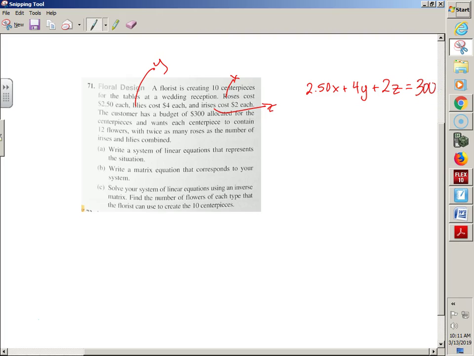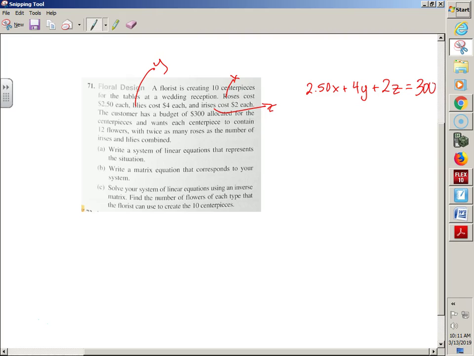That's the maximum amount, which is actually quite low for, oh yeah. Although maybe this is just for the reception. Huh. Well, these totals are only for the reception, but if 300 for, wow, that'd be really low. Allocated for the centerpieces, there we go. And wants each centerpiece to contain 12 flowers.